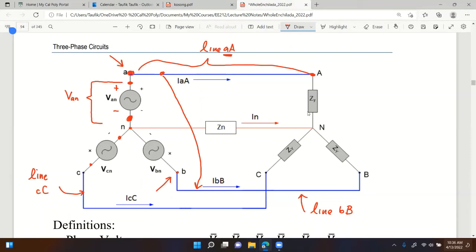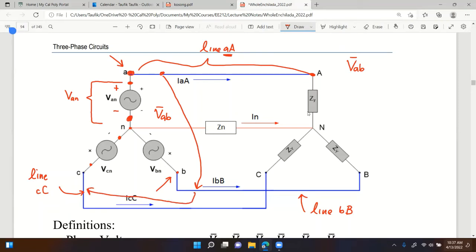Good. So that's the first line-to-line voltage. In this case, because the voltage goes from A to B, I call that VAB, right there. That's the line that goes from A to B. And I also have another line-to-line voltage that goes from B to C, from here to here.